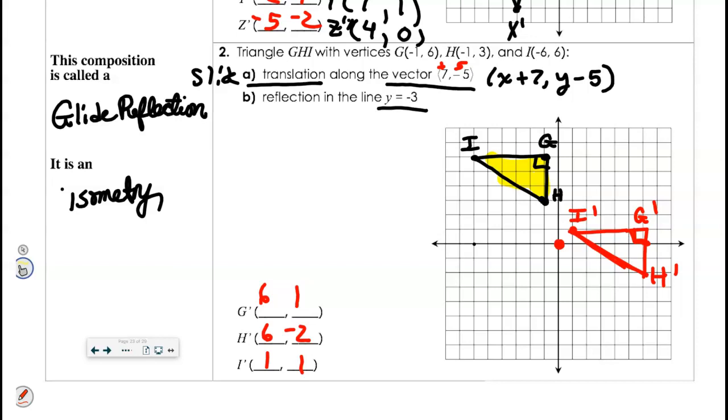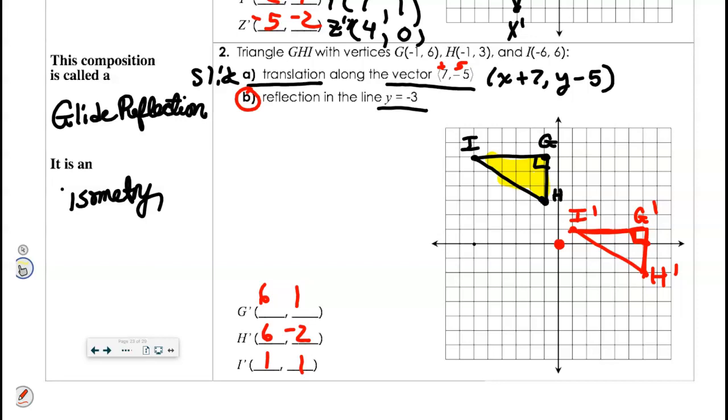So, next thing I'm going to do is I'm going to go look at letter B, and I'm going to actually draw mine a little bit nicer now because I have to use the graph on letter B. So I'm going to make sure that this guy's nice and it's not shaded. It says I'm supposed to flip it or reflect it over y equals -3. There's no rule for that on your note card, but we did see y equals makes a horizontal line, correct?